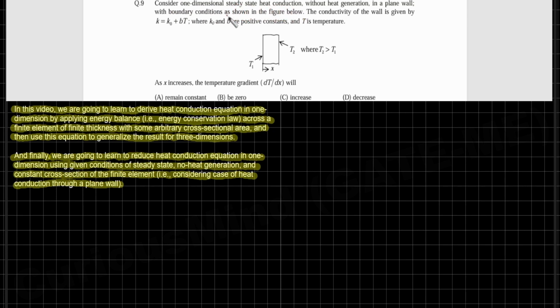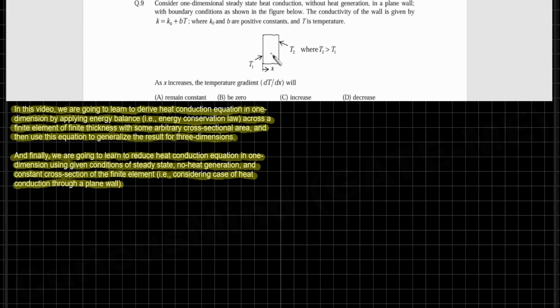Alright, so we have a case of a plane wall in which heat conduction occurs in one dimension in a steady state condition. Also, no heat generation occurs within the plane wall.